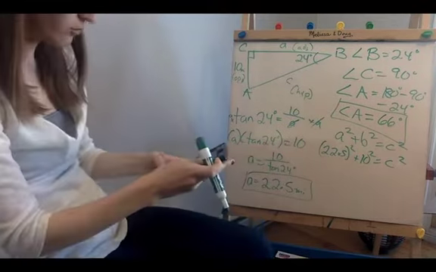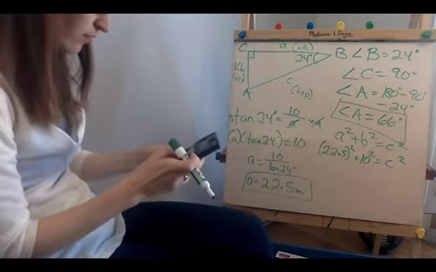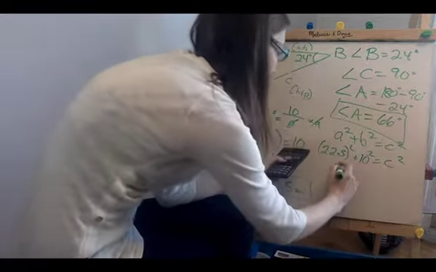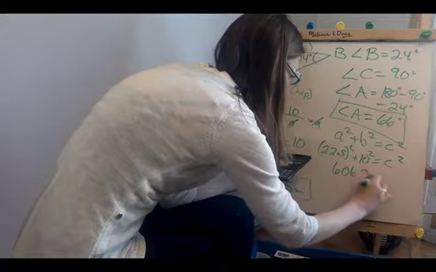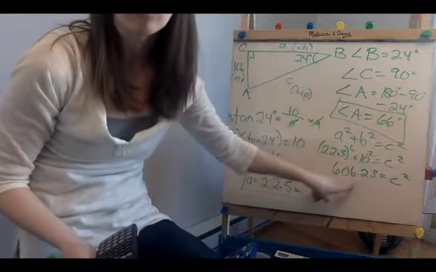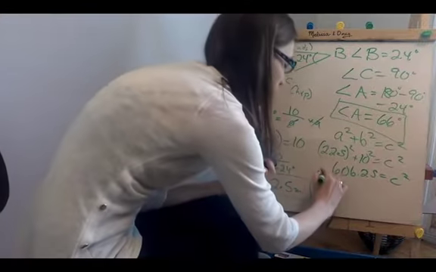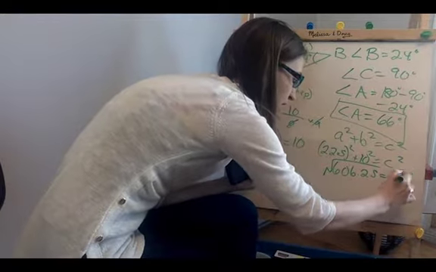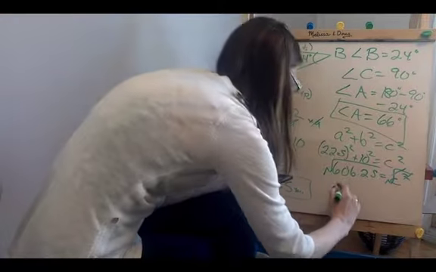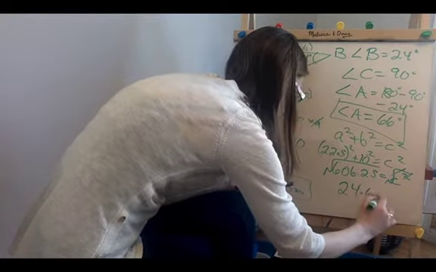I take 22.5, square it, then add 10 squared. When I square these and add them, I get 606.25 is equal to c squared, and then I need to square root to get c by itself. Square root this side, square root this side, that cancels, and the square root of 606.25 gives me a value of 24.6.